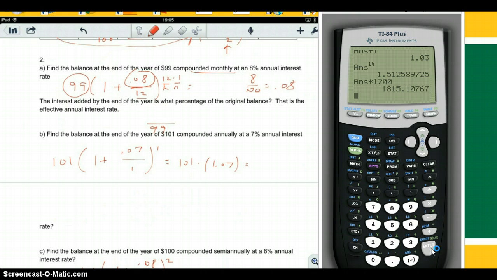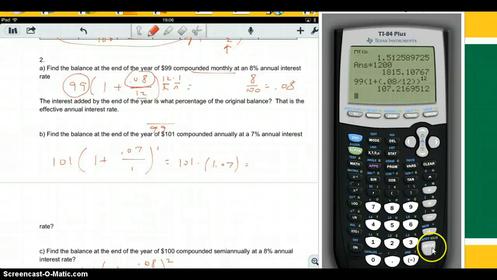Okay, and so we'll do this in the calculator using parentheses and everything. So 1 plus 0.08. Let's put parentheses in there. 0.08 divided by 12, to the power of 12 times 1, which is 12.